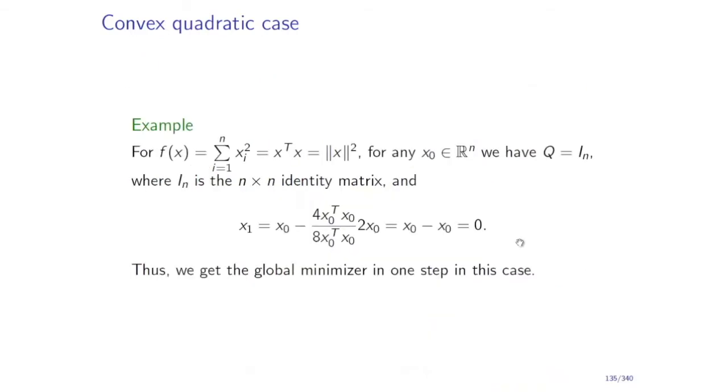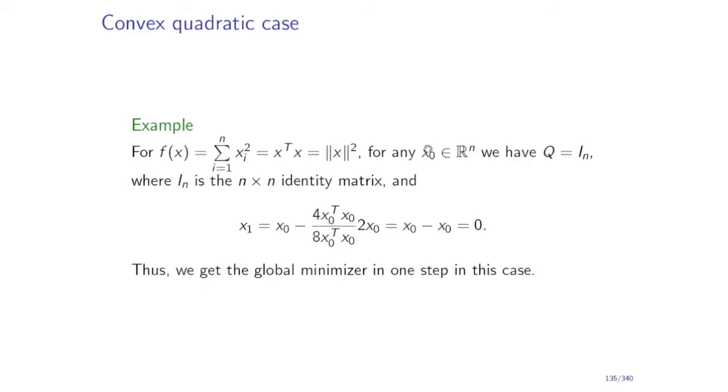For example, if we look at the very simple case that we discussed geometrically for two variables, the problem of minimizing f of x given by the sum of xi squared, which is just the square of the norm of x, right?